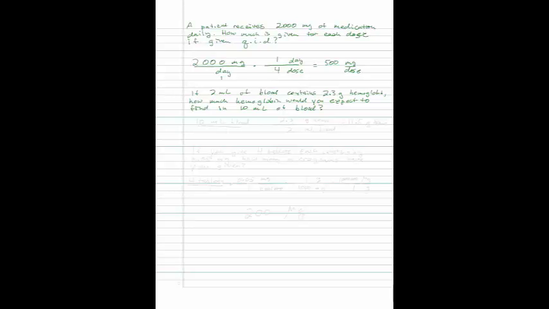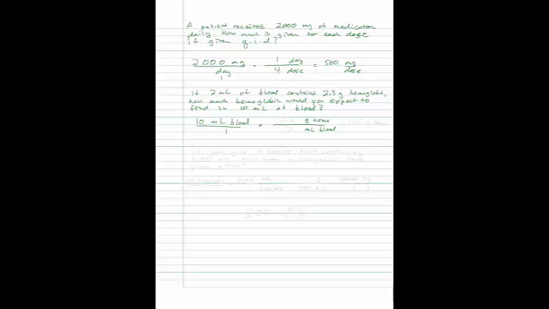So we're starting with 10 mils of blood and we want to convert that to hemoglobin. So indeed, we're going to start with 10 mils of blood. And I need mils of blood to cancel, so I have mils of blood on top. So here I'll put mils of blood on the bottom. And on the top I would put grams of hemoglobin.